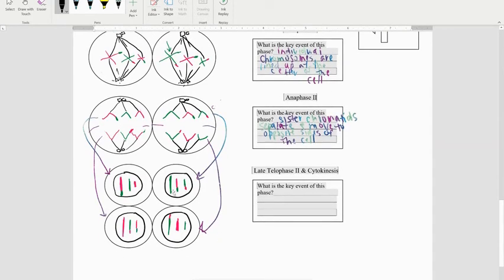All right, but notice again, they are all completely different. So we have 4 completely different cells, which is pretty awesome.